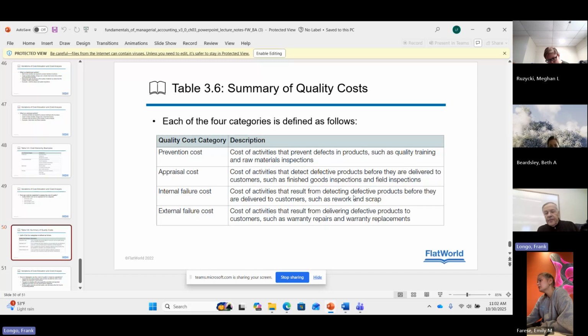Okay, another category, appraisal cost. These are the costs of activities that detect defective products before they're delivered to customers. So they inspect finished goods. Before goods get delivered to customers, I'm going to stay with my Frito-Lay example.